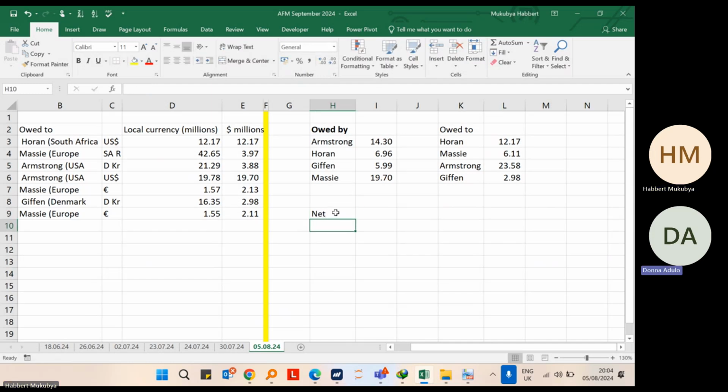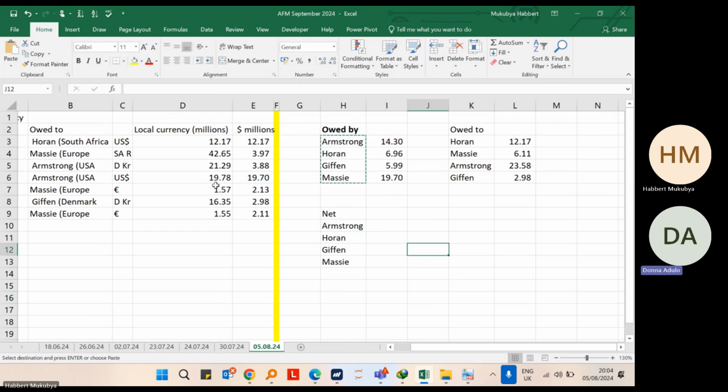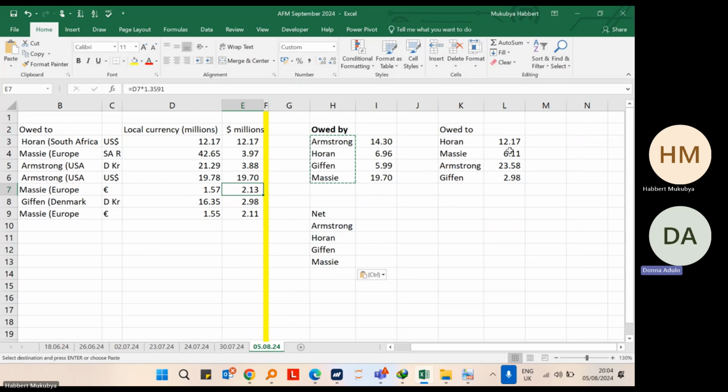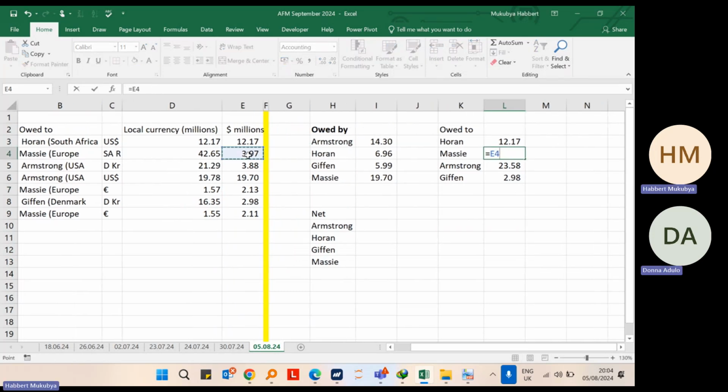Hello? Yes. For Massey, isn't it 8.21? Because if you get 3.97 plus 2.13, I missed something. So it's 3.97 plus 2.13 plus 2.11.